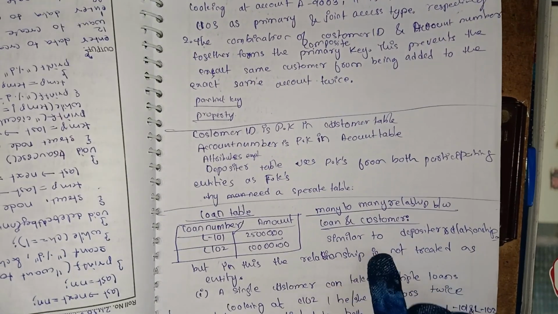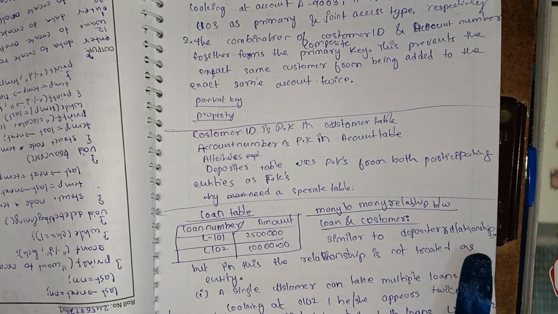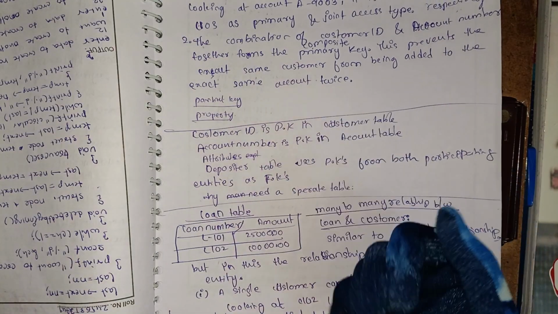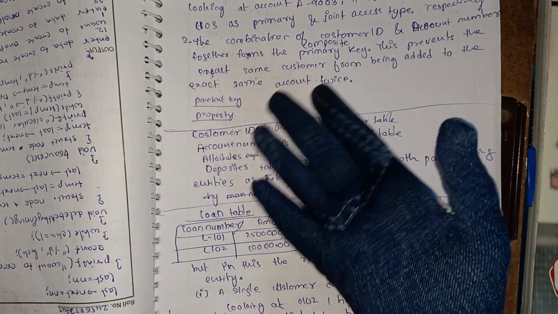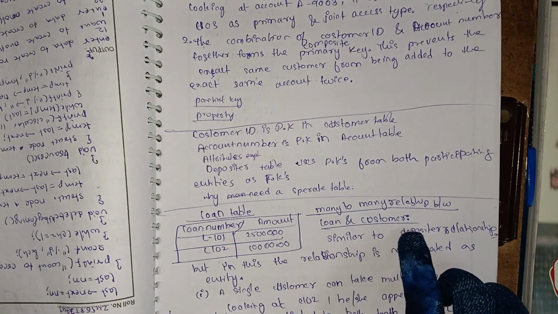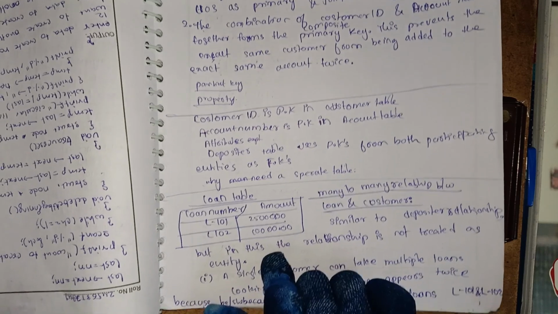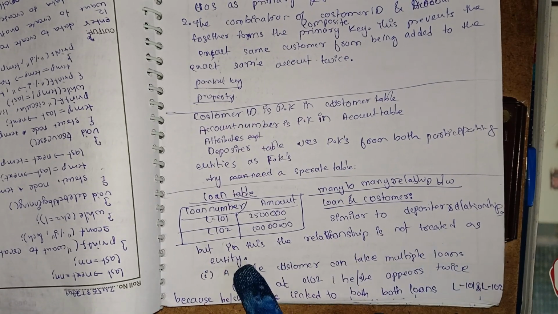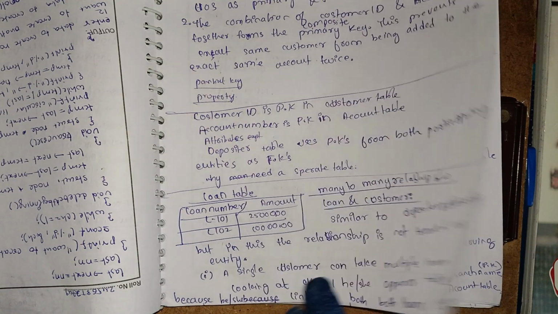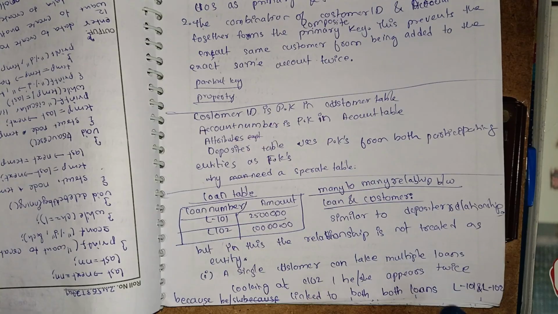So it is similar to the depositor relationship, the previous many to many relationship we have just discussed. But in this the relationship is not treated as an entity. Means it is not an associative entity, which means the separate table does not have extra columns.